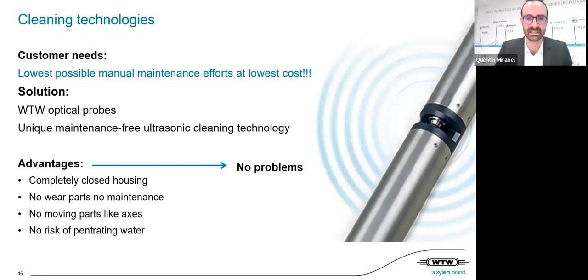Another nice point is that with this ultrasonic cleaning, you will not have any moving parts or any additional spare parts. We have no wiper. This ultrasonic cleaning, just for your information, is also included within our sensors measuring turbidity or TSS, for example. So it's a nice feature when it comes to maintenance in the field.